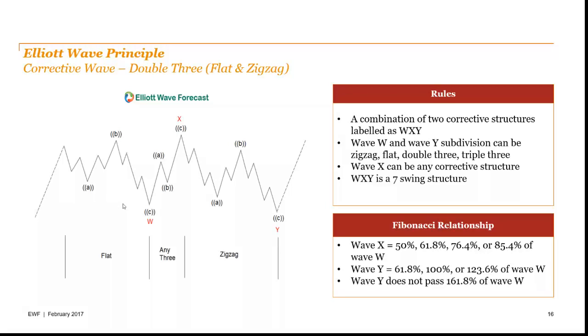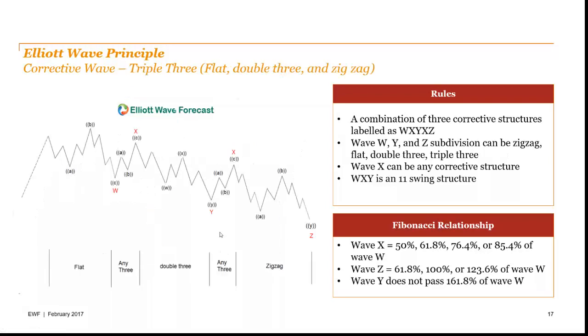You guys understand what I mean? So it's a double 3 within a double 3. It's getting pretty complicated, but it's a double 3 within a double 3. The left side can be itself another double 3. The right side itself can be a double 3. So this can be a WXY itself.